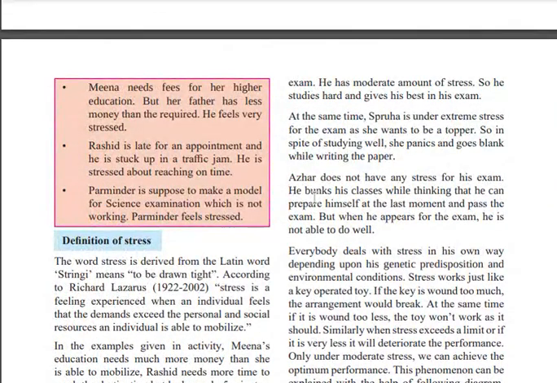Jai is preparing for a semester exam, and he has a moderate amount of stress, so he studies hard and gives his best in his exam.